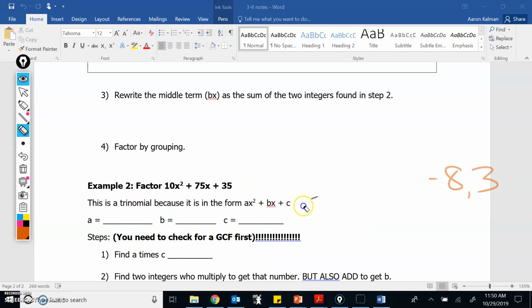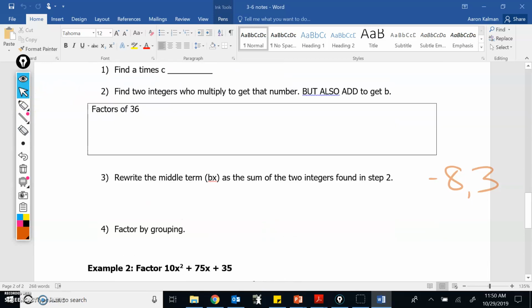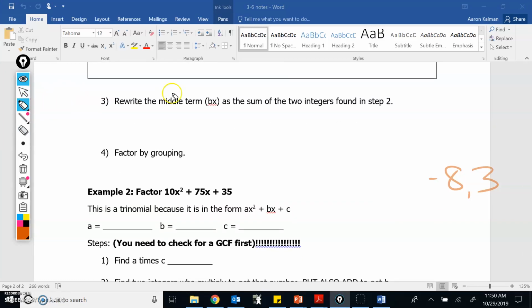Let's rewrite the B value. So again, we started with 6x squared minus 5x minus 4. Rewriting the B value, we get 6x squared minus 8x plus 3x minus 4.